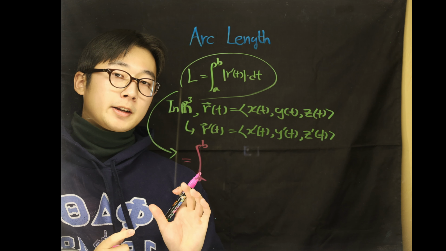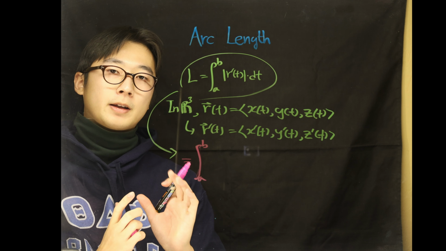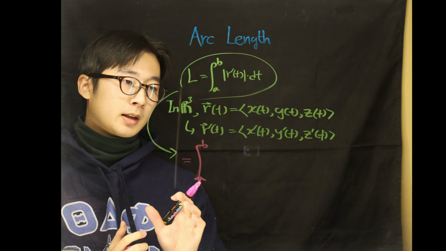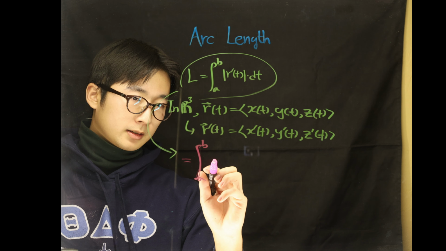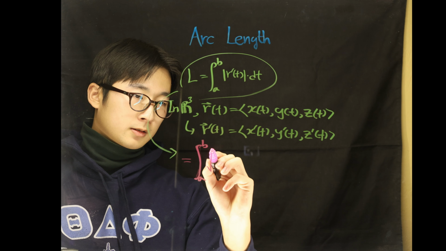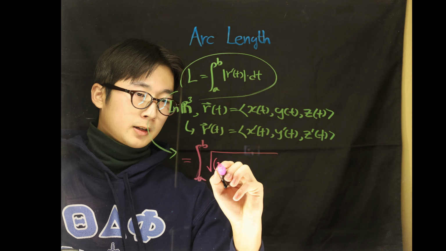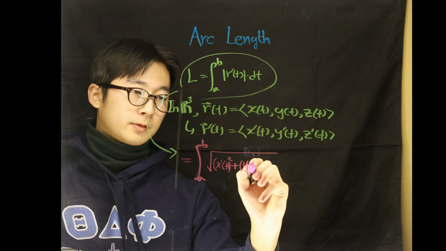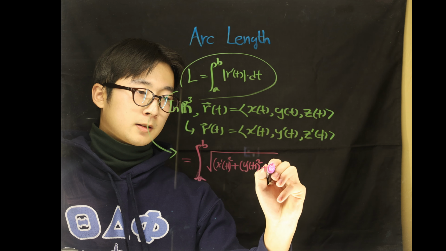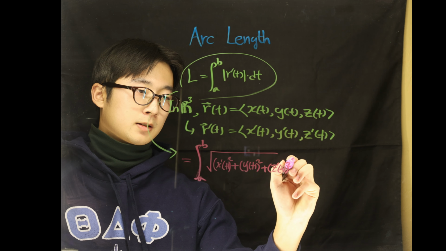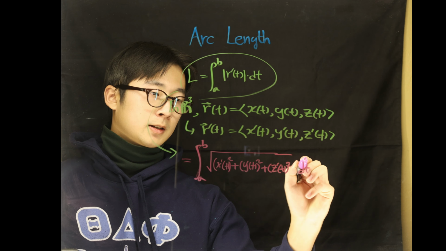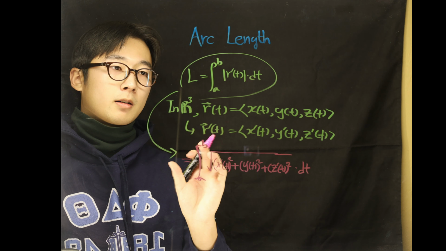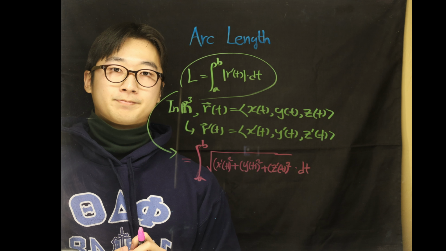Remember, when you find the magnitude of any vector, you need to take the square root of the sum of squares of each component. So this is equal to the square root of x prime of t squared plus y prime of t squared plus z prime of t squared, times dt. Alright, this is the expanded version of the arc length formula in multivariable calculus.